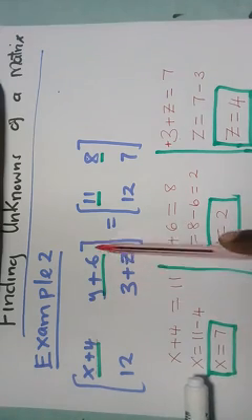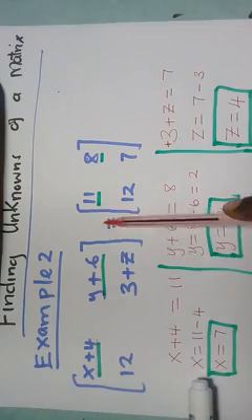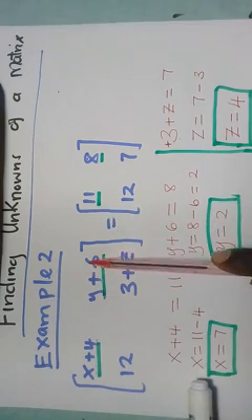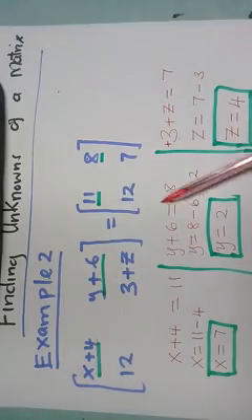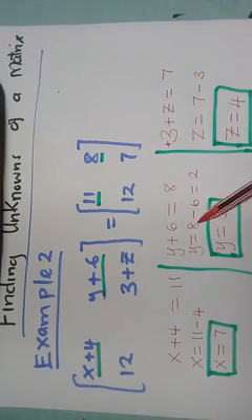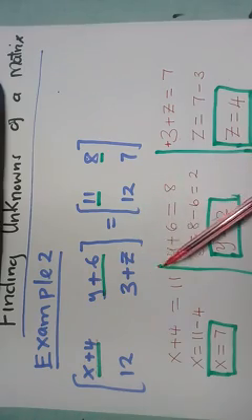We see this element will coincide with this element, and if the matrices are equal, then these elements must also be equal. So y plus 6 must be equal to 8. We take 6 to the other side, it becomes a negative, and y will remain as 2. The last unknown is z.